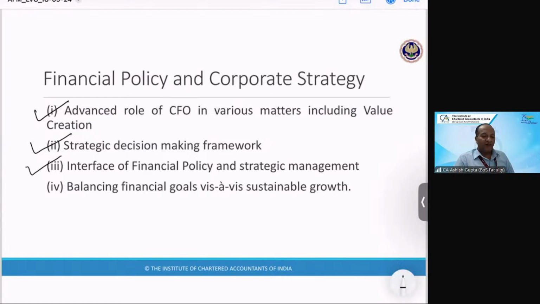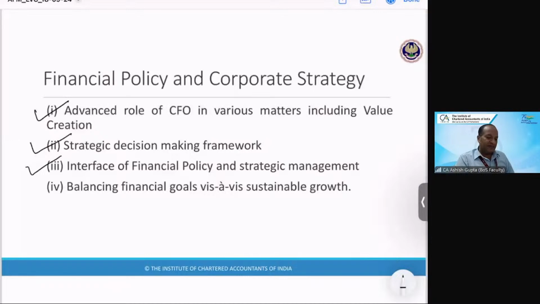When we talk about financial policy and strategic management, of course, the financial resources of the company are a very important constituent in any strategic management decision, because all strategic management decisions have to be taken considering what financial resources we already have and what we can acquire from the market or from other sources.